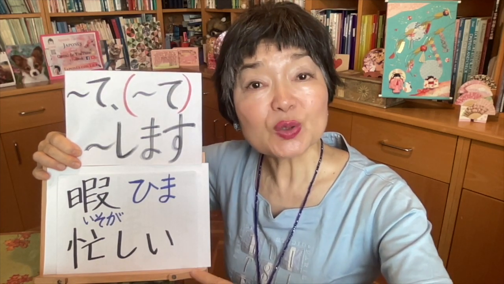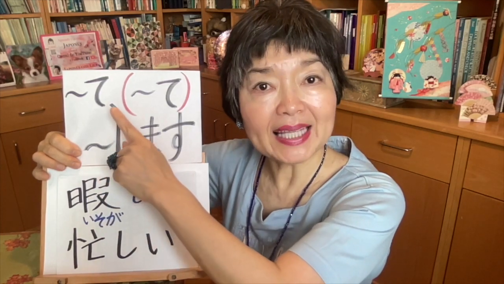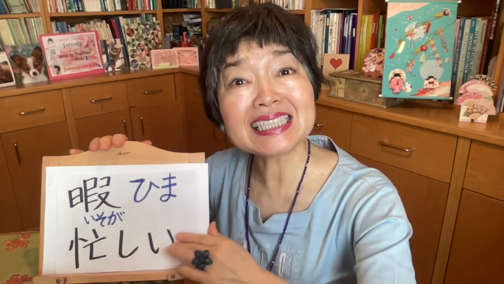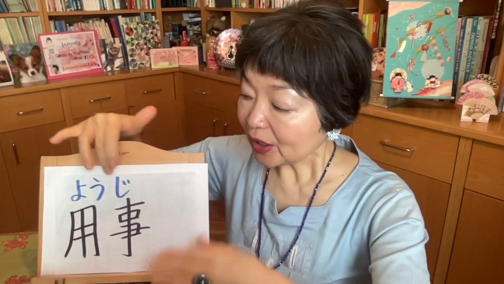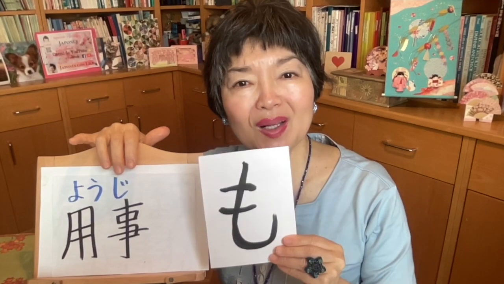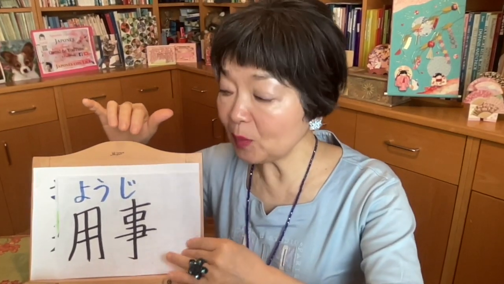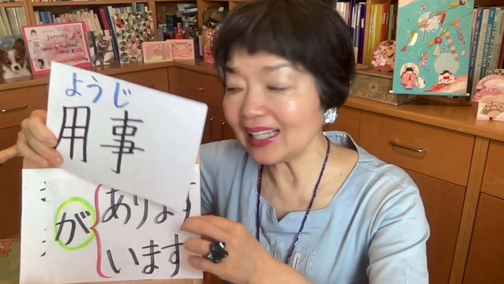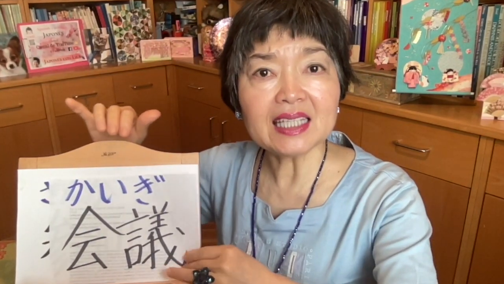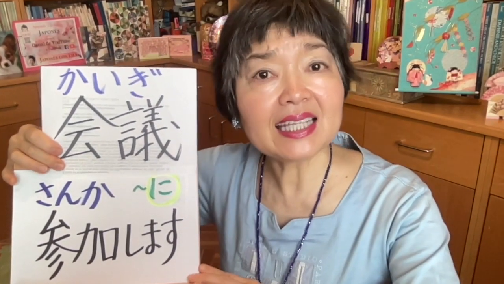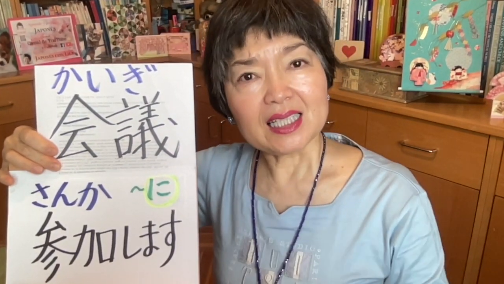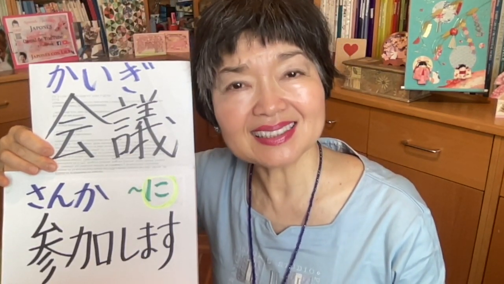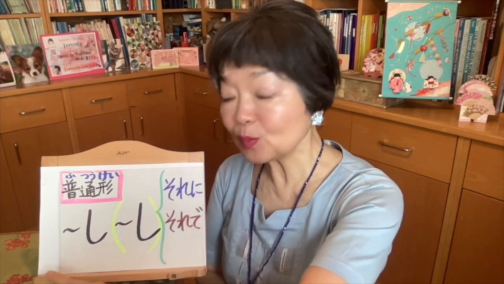So to change to te form, 忙しくて、用事もありますから、会議に参加できません。 Now the same sentence using shi.